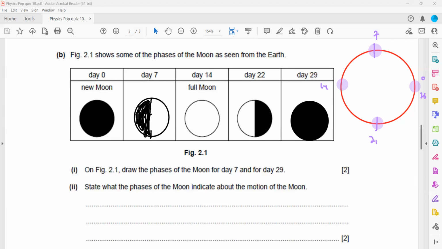Then we have the next question, which is to state what the phases of the moon indicate about the motion of the moon. When we are looking at these phases of the moon, what does it indicate? We can say that the moon is orbiting the earth, and the duration of the moon's orbit is about 28 days, 29 days, you can say.